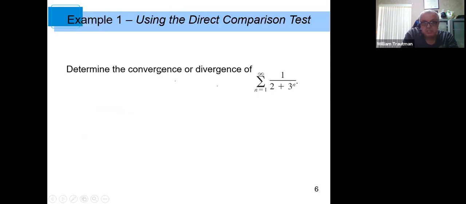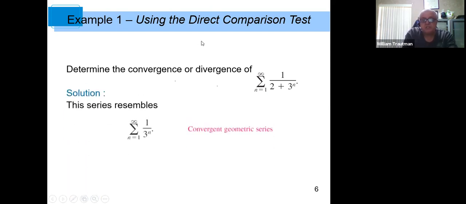So let's take a look at this. Determine if this converges or diverges. What they show you, once again, is the geometric. This is a geometric. This is a geometric. There's r.